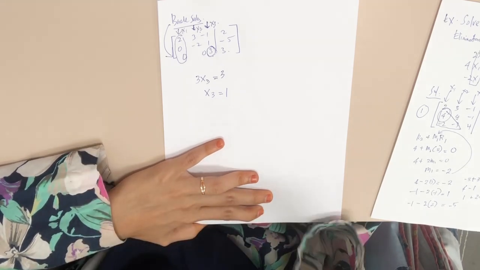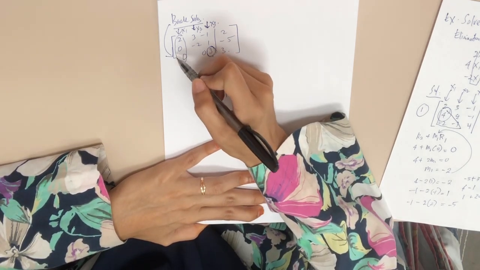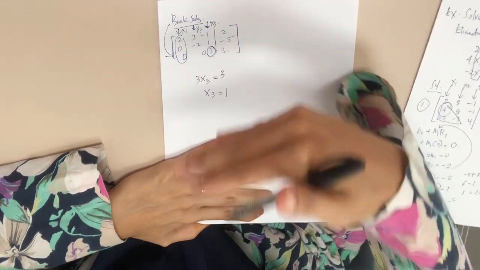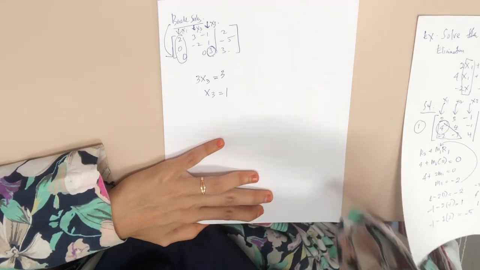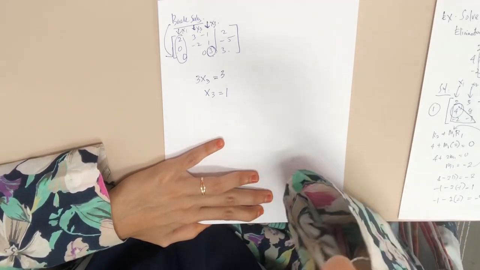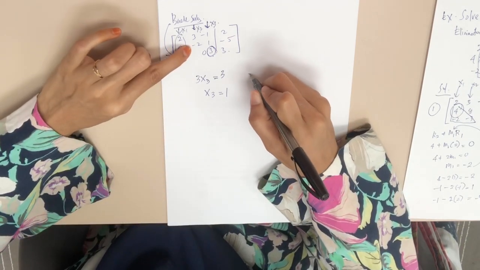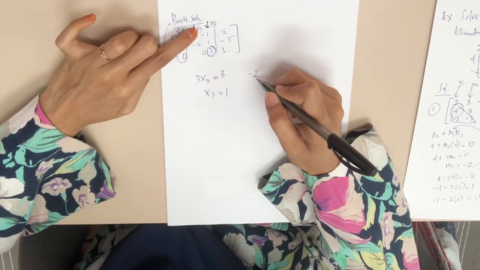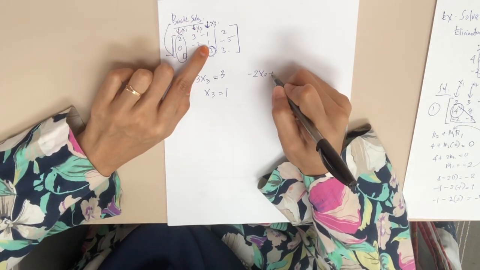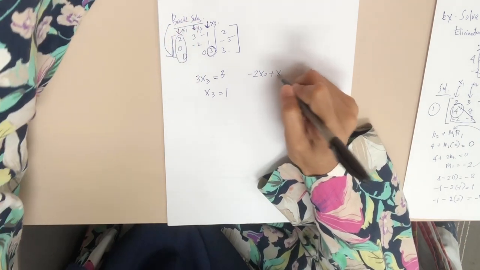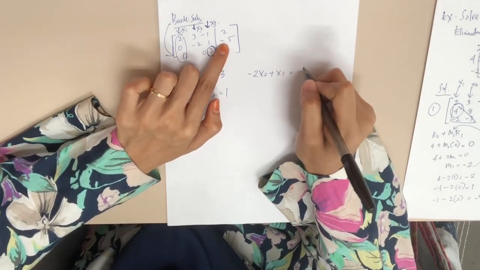The next step is to find the value for x2, so you use row number 2. Backward means we start with the last row, then move upward: row 3, row 2, row 1. So now we go to row 2. Row 2 has -2x2 plus 1x3, and this equation is equal to -5.